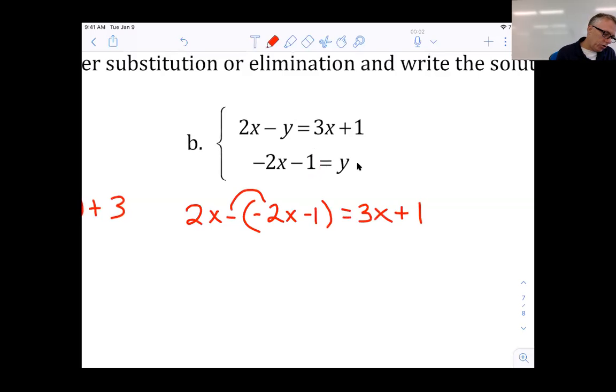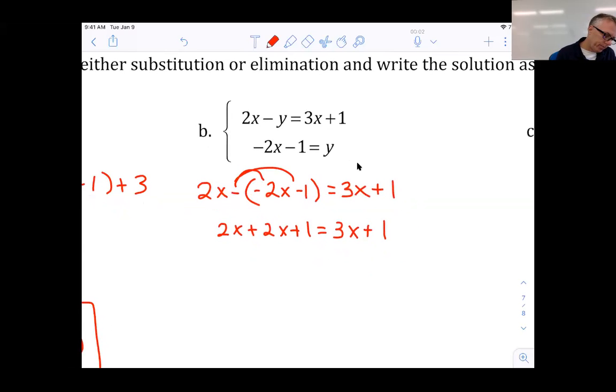And so now I'm going to distribute that negative sign. So I have 2x plus 2x plus 1 is equal to 3x plus 1. So my x comes out to be 0.